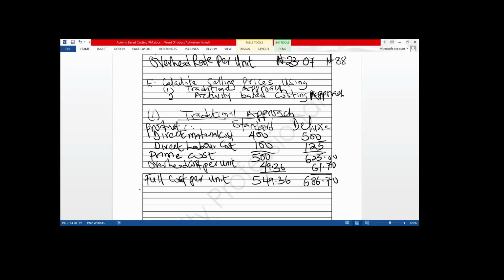Profit margin is on sales. If 20% is your profit margin, that means 20% of your sales is profit, and your cost is 80%.